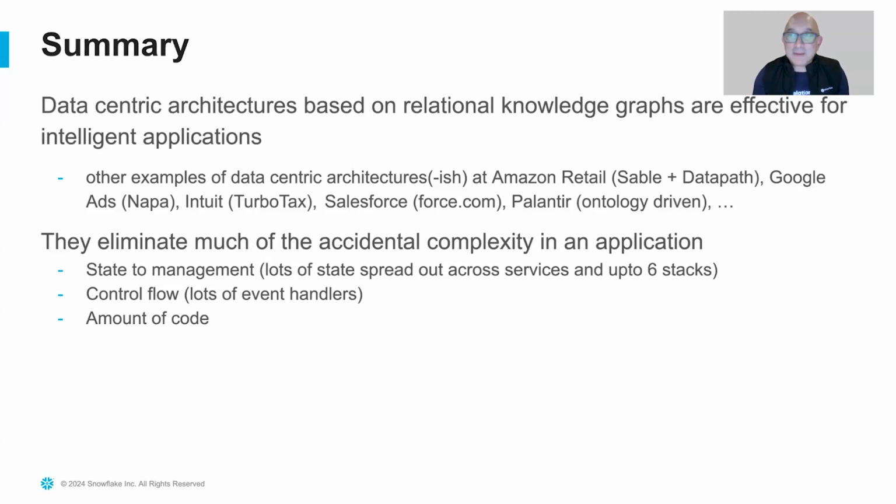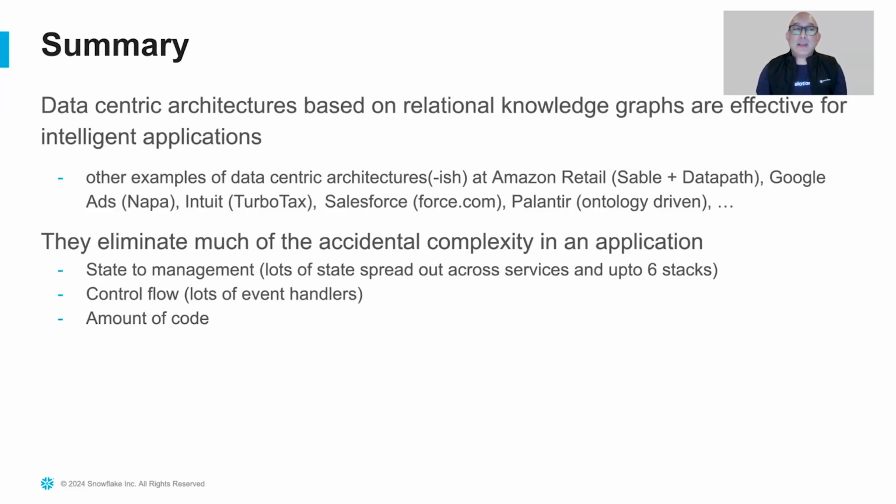They don't really like to talk about it, but you can find out about it by looking at the job boards, and you can learn more about Sable and DataPath as basically a super scalable database and a rules language that implements the entirety of Amazon retail business logic and so on.